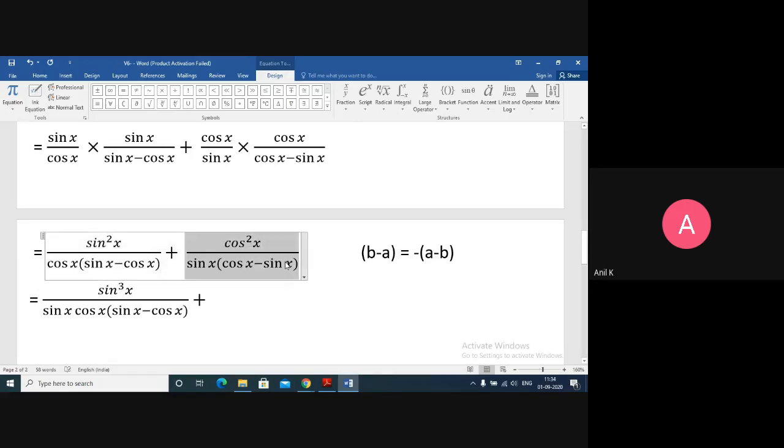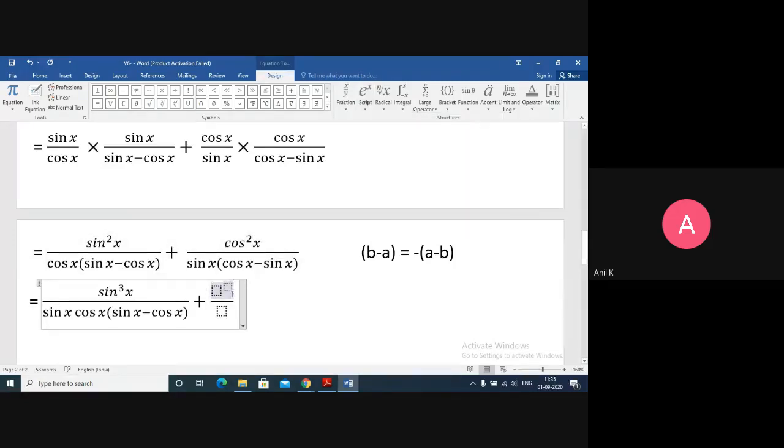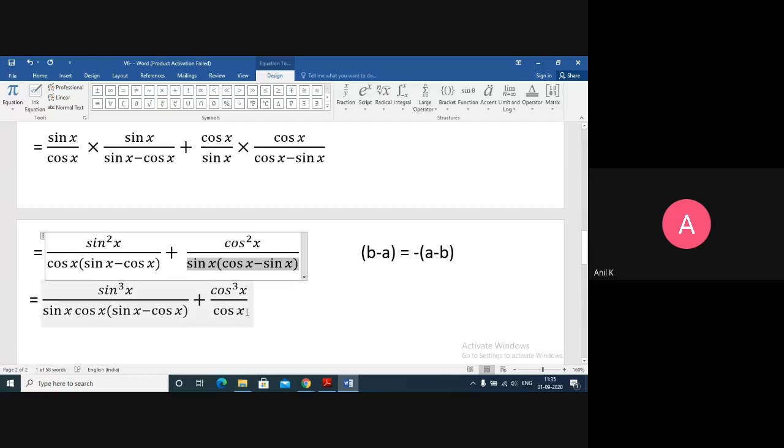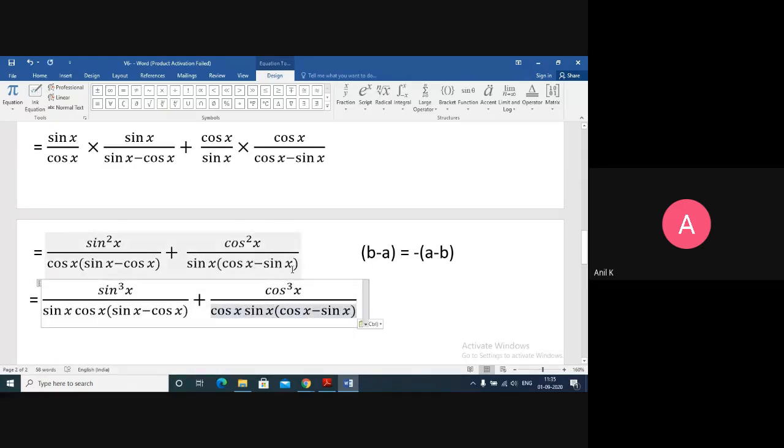Plus, now this term, I multiply both numerator and denominator with cos x. By multiplying both with cos x, I already have cos square x, and I am multiplying with one more cos, so it will be cos cube x. Here I will get cos x multiplied with sin x into cos x minus sin x.